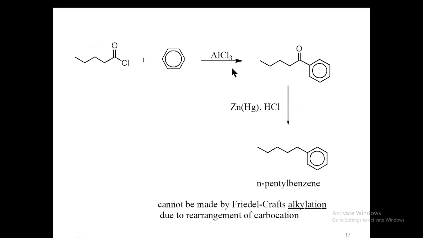This was another type of reaction. You can simply say that this is the carbonyl group, then ketone is formed, and the ketone is converted into the alkane. You can see this is Friedel-Crafts, where an alkyl group is introduced.